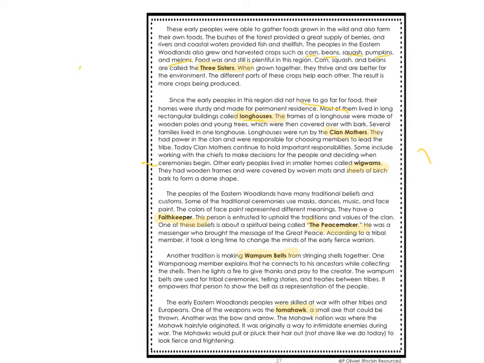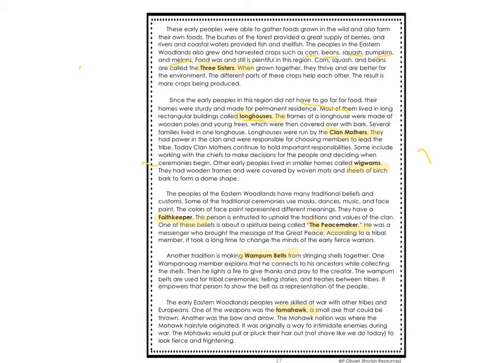One of these beliefs is about a spiritual being called the peacemaker. He was a messenger who brought the message of the great peace. According to a tribal member, it took a long time to change the minds of the early fierce warriors. Another tradition is making wampum belts, and you'll be watching a video next, from stringing shells together.